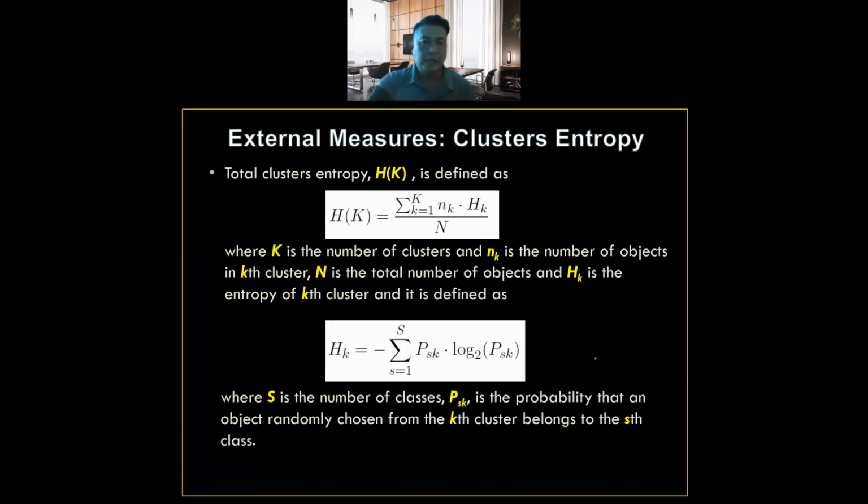You have studied entropy, so we will apply the same concept here. We are looking at how pure is the content of the cluster, or how pure is the membership in one cluster. So basically, we are looking at the number of clusters here, and then this is the entropy for each of the clusters, and this is the weightage of that particular cluster.